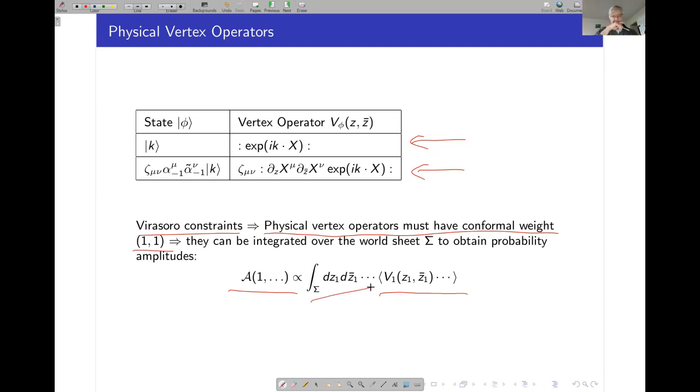But for this integral to be invariant, to have weight (0,0), we need to cancel the scaling properties of the variables we integrate over, and therefore vertex operators for physical states must have conformal weight (1,1).